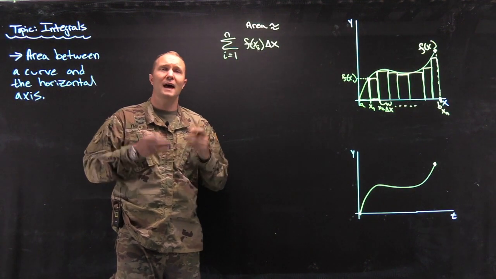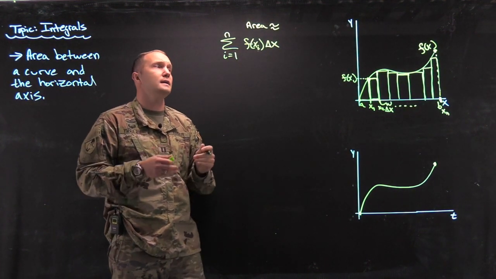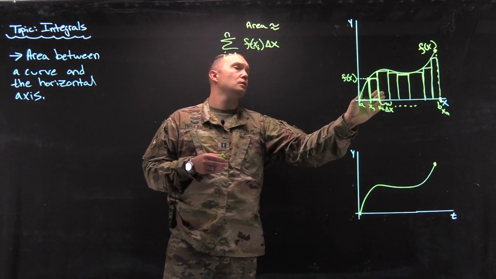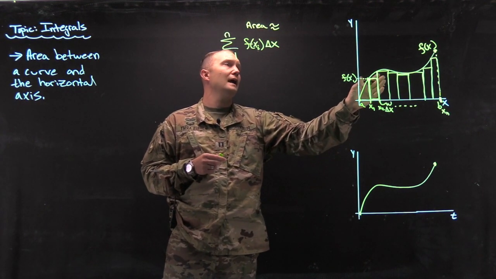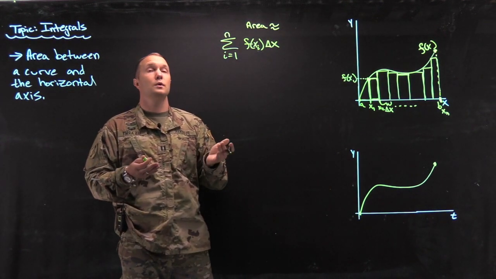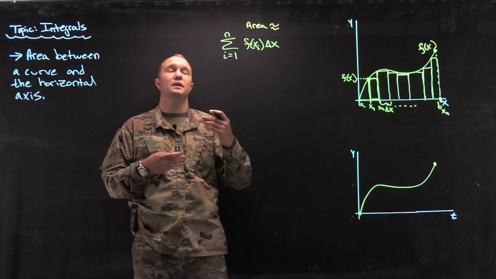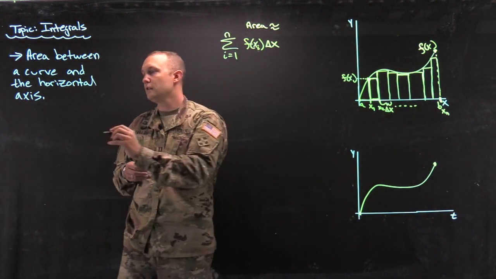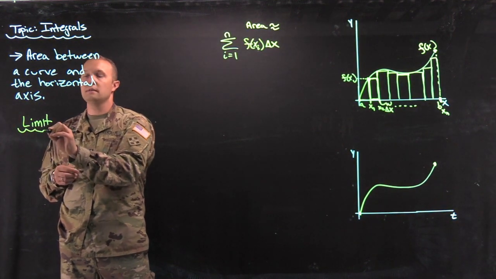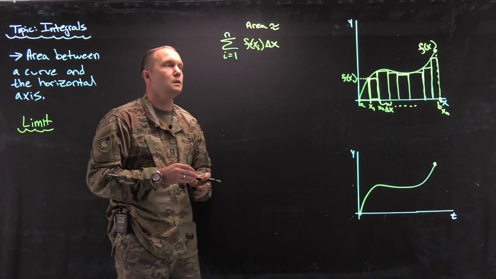All right, but I don't want an approximation. I don't want an estimate. I want a definite answer, or an exact answer, for the area between this curve and the horizontal axis. So what do I do? Well, I'm going to apply this thing called the limit again. And I say again because we did this when we talked about derivatives.